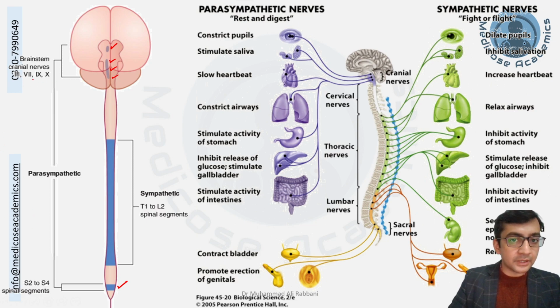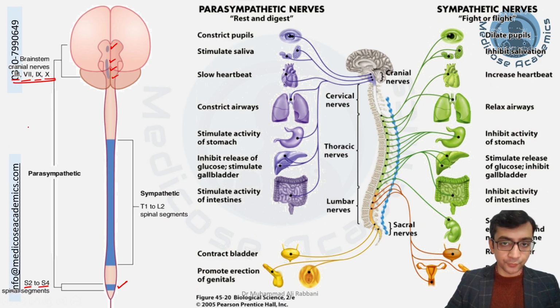So it is through the brain, through the cranial nerves 3, 7, 9, 10, or through the sacral segment of the spinal cord through segments S2, S3, and S4. That is why the outflow of the parasympathetic nervous system is called craniosacral outflow, cranio due to this, sacral due to that.